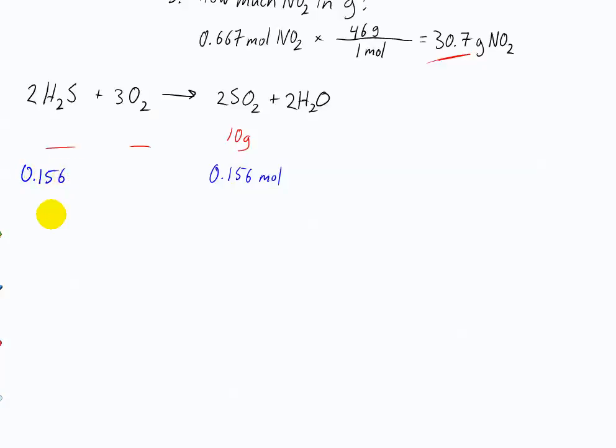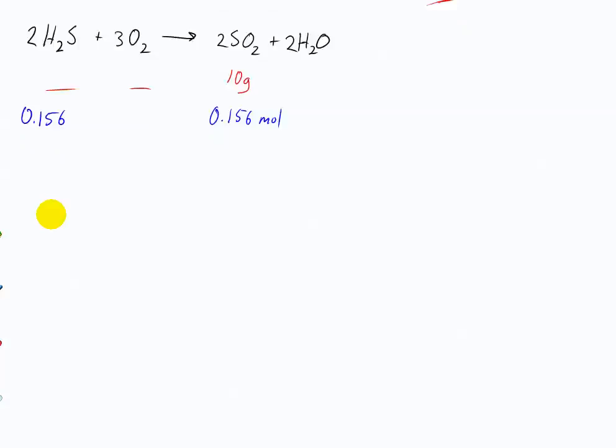And what about O2? How'd you figure that out? Yeah, you have to kind of set up a proportion there. Or you can think of it as a conversion also. If you have 1.156 moles, let's say SO2, times 3 moles of O2 for every 2 moles of SO2. That's the conversion you would set up, so that the moles of SO2 cancel, and you end up with moles of O2.